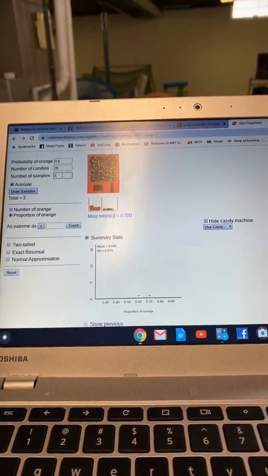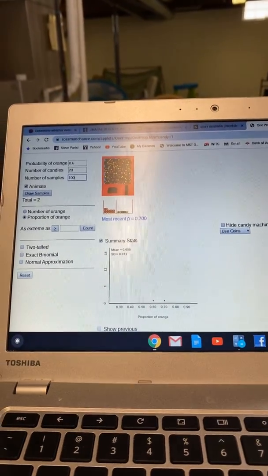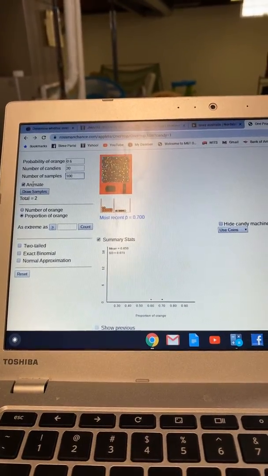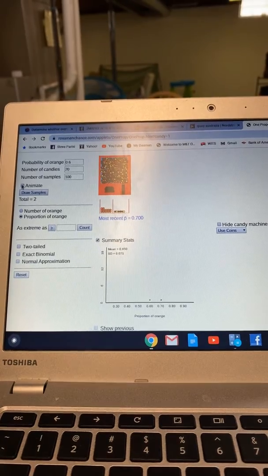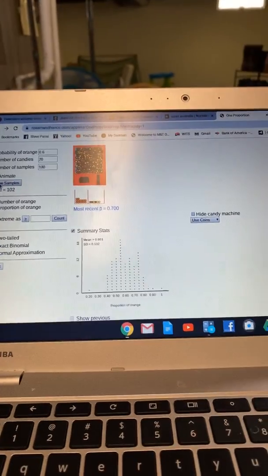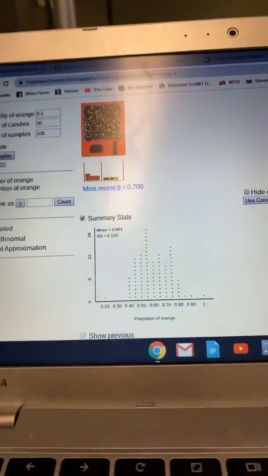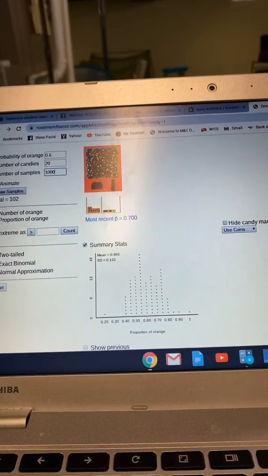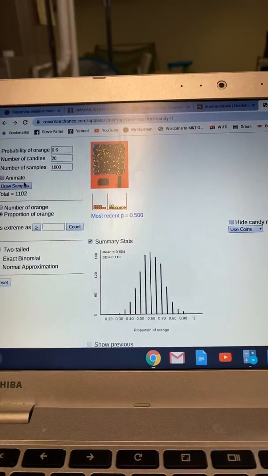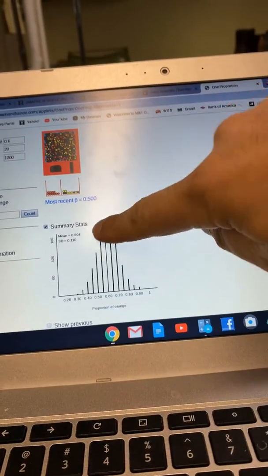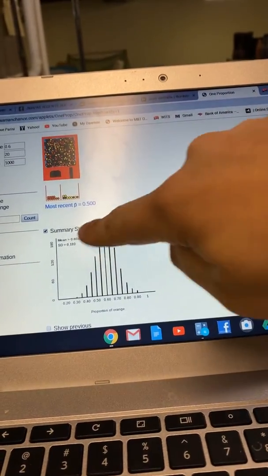I'm going to do this 100 times. Well, I don't want to animate this. Boom. This is what happened. So if I were to do this 1,000 times, it pretty much almost becomes a bell curve. It almost becomes normal.